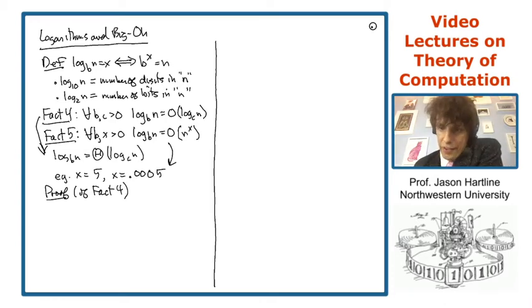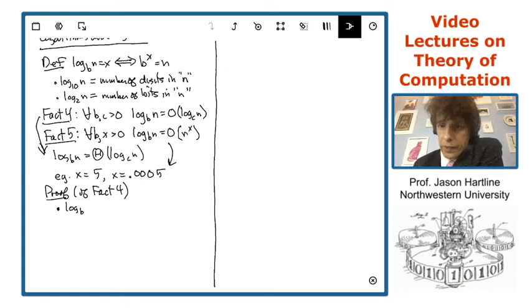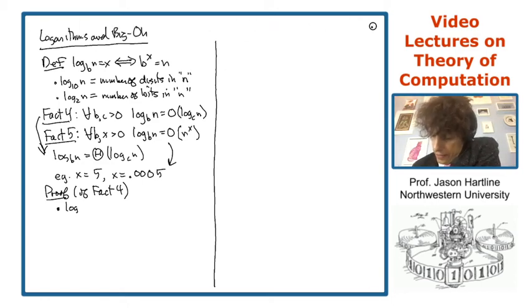We're going to start out with just the definition of the logarithm, that log base c of n equals x implies that n is equal to c to the x.